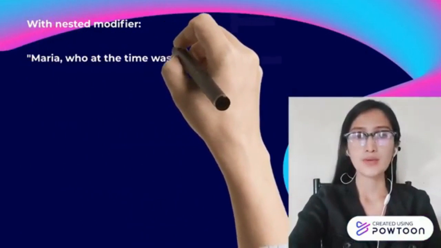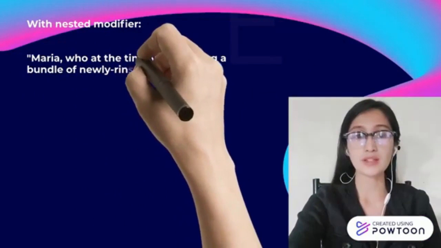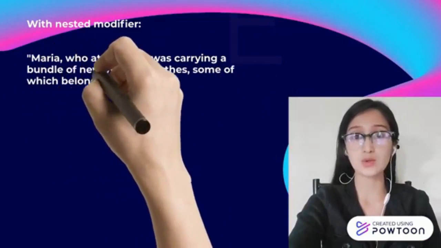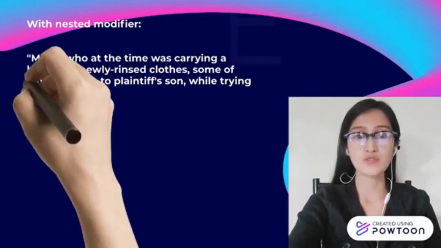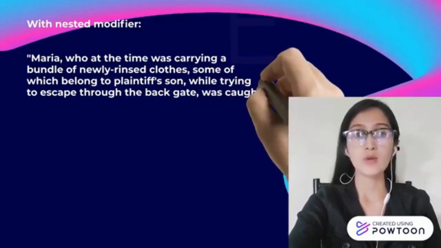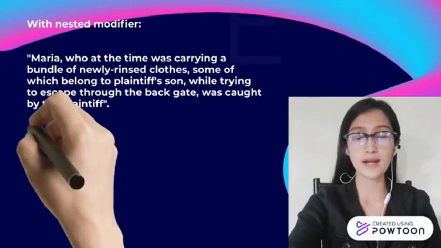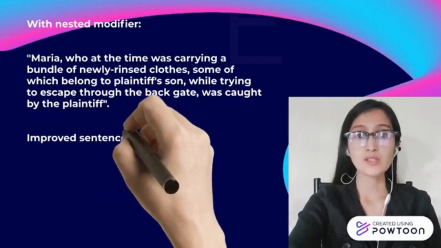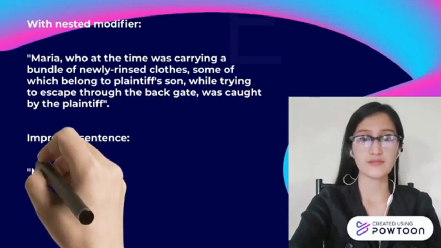Example, with nested modifiers: Maria, who at the time was carrying a bundle of newly rinsed clothes, some of which belonged to plaintiff's son, while trying to escape through the back gate, was caught by the plaintiff.